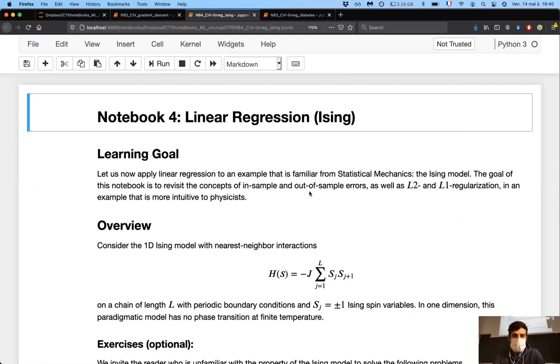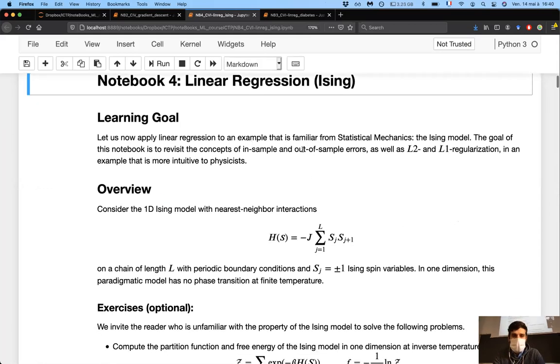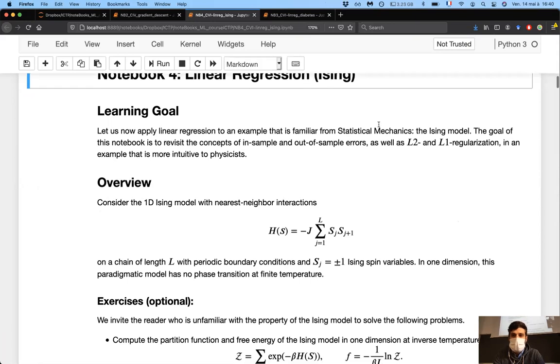The idea is that we want to use linear regression to solve statistical mechanics problems, in the sense of learning an Ising model. I will assume that most of you, if not everyone, know what the Ising model is.